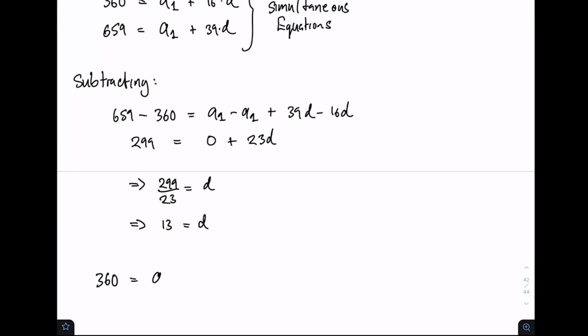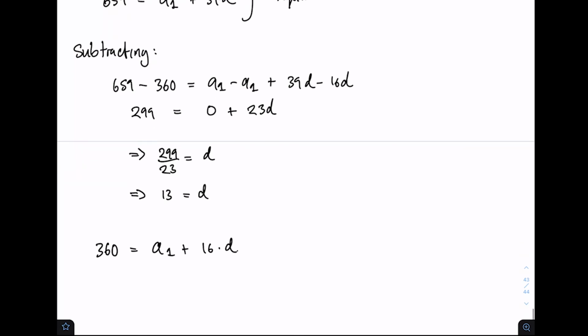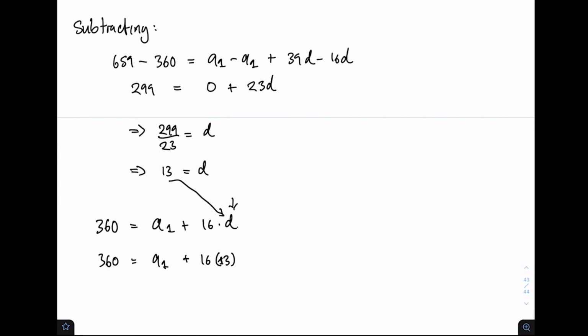So we have the first term unknown plus 16 times d. Now we know d is 13, so we can say that 360 is equal to a sub 1 plus 16 times 13. I go back to my calculator: 16 times 13 is equal to 208.